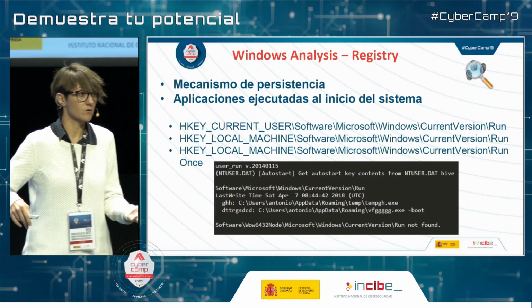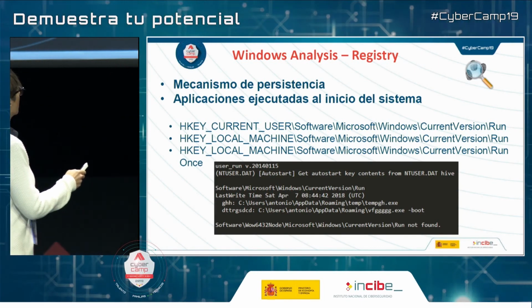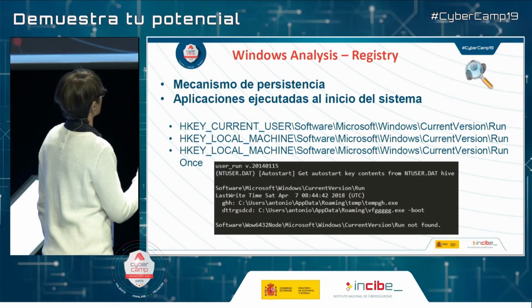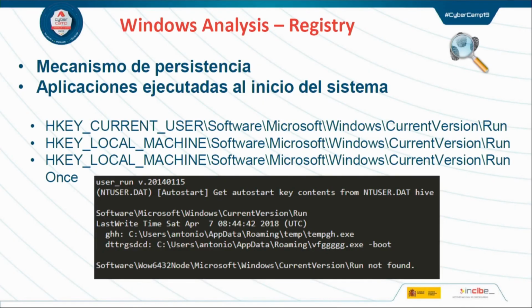And in order to do that, it writes a key in Windows Registry. And where is that key? In that route here. Current user, software, Microsoft, Windows, current version, run. Here, in this key, is where the applications that are going to run the moment the system starts are written.